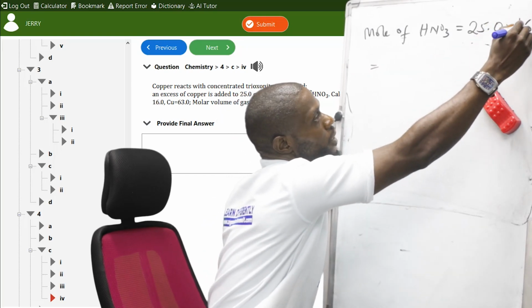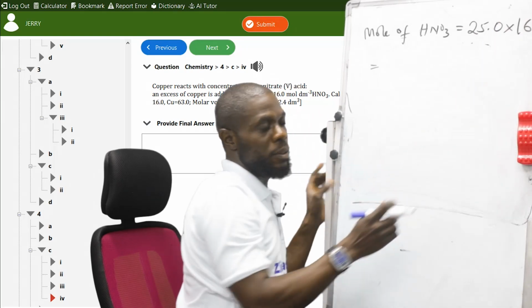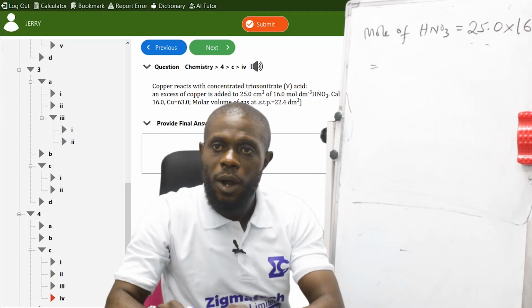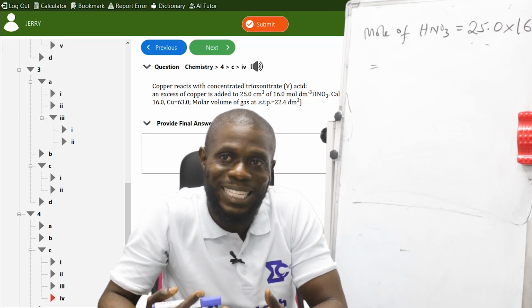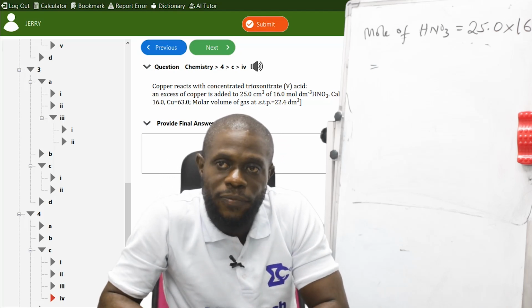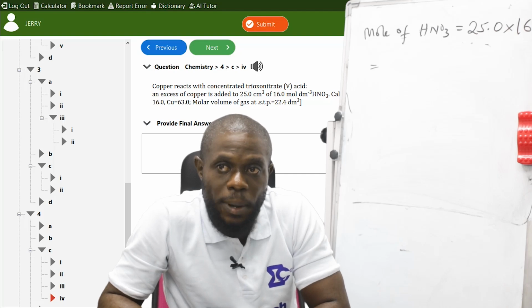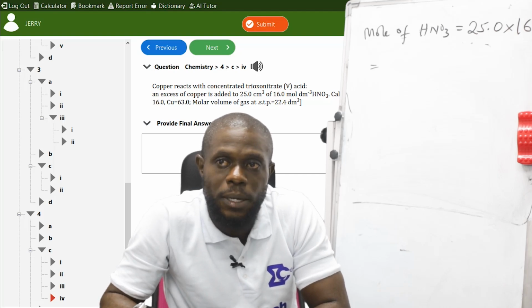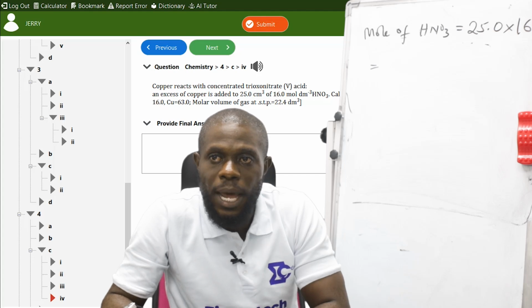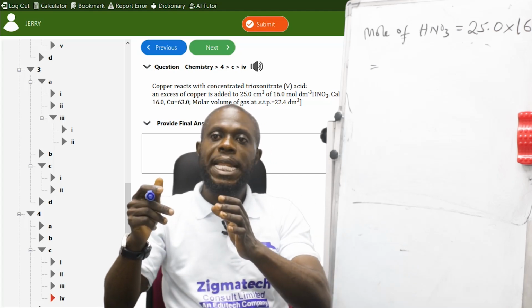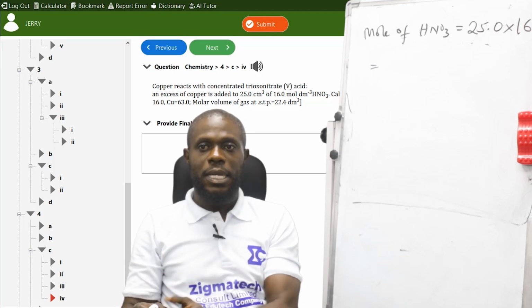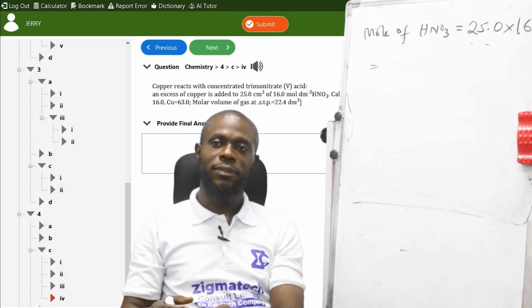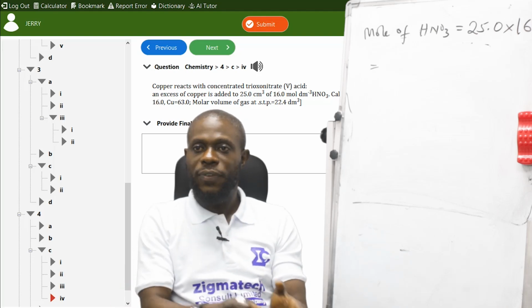Okay? Times 16.0. Because they say copper reacts with concentrated trioxonitrate 5 acid and excess of copper is added to 25.0 of 16.0 mole. So that means the main mole is 16. They now added 25. So what will be the mole? It will be 25 times 16.